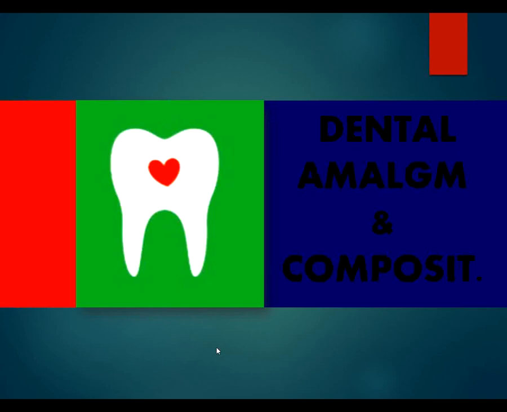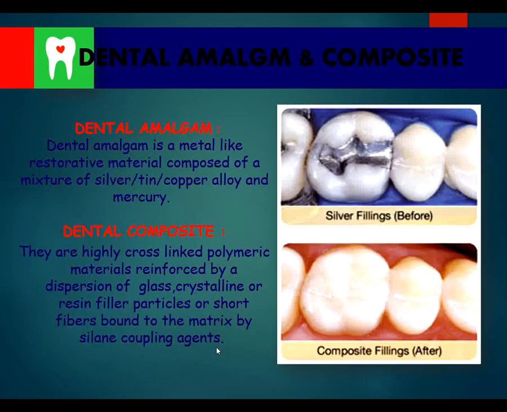Now, if we compare amalgam restoration with composite restoration, dental amalgam is a metal-like restorative material composed of a mixture of silver, tin, copper alloy and mercury.